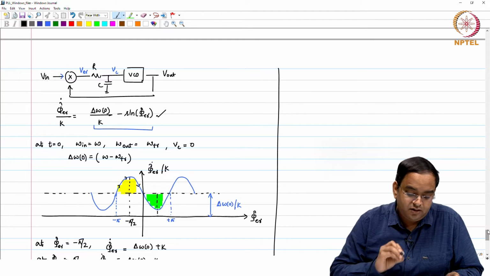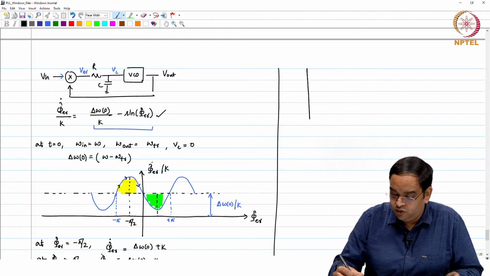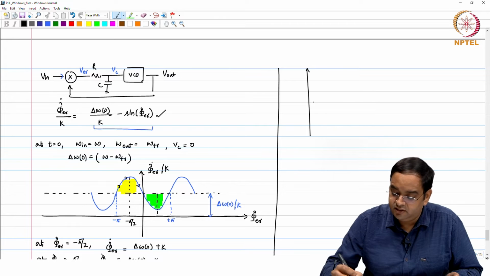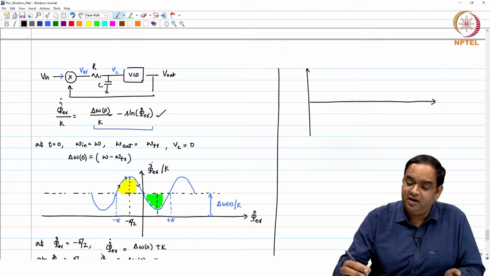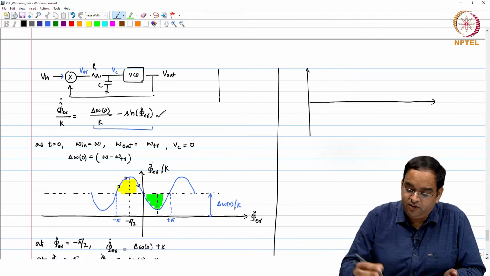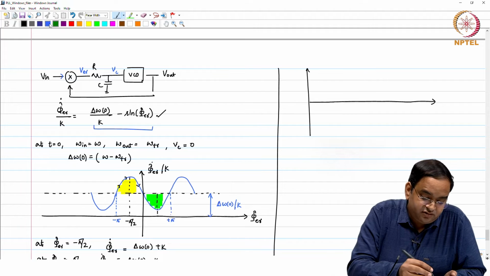For that, what I will first do is show you the case. Let us simplify it a little bit and consider our mixer standalone, or the phase error detector standalone, which is this block.